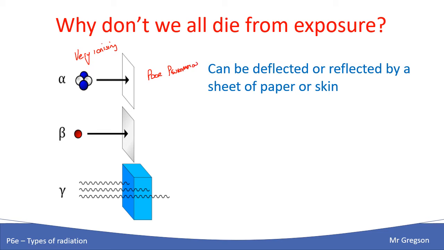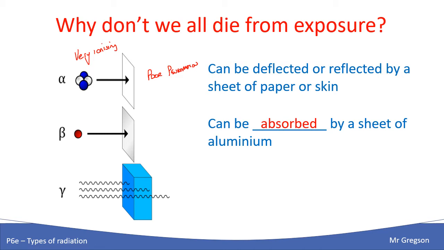Okay, now beta particles can be absorbed, or slowed down, which is a colloquial term, but absorbed is the scientific word we'd like to use, by sheets of aluminium. Aluminium is quite specific. Other metals will have the same effect, it'll just take more of them.